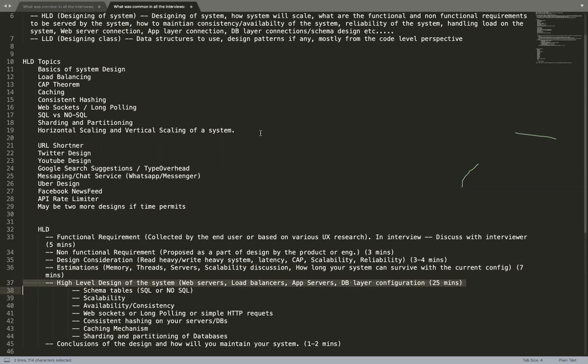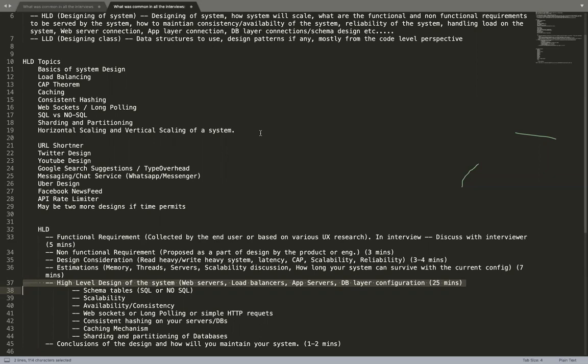Okay. Prakash, can we say system design is a combination of both HLD and LLD, or system design is only HLD? So it depends. Yes, exactly. System design is a combination of both HLD and LLD. Nothing wrong in that. If you need to design a complete system, then you need to know both.